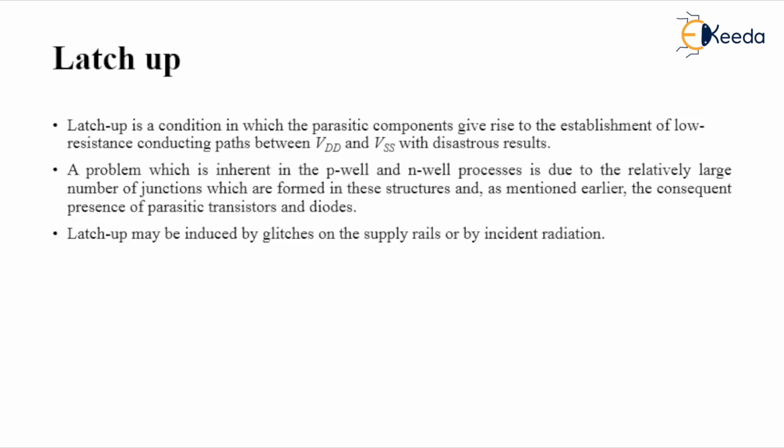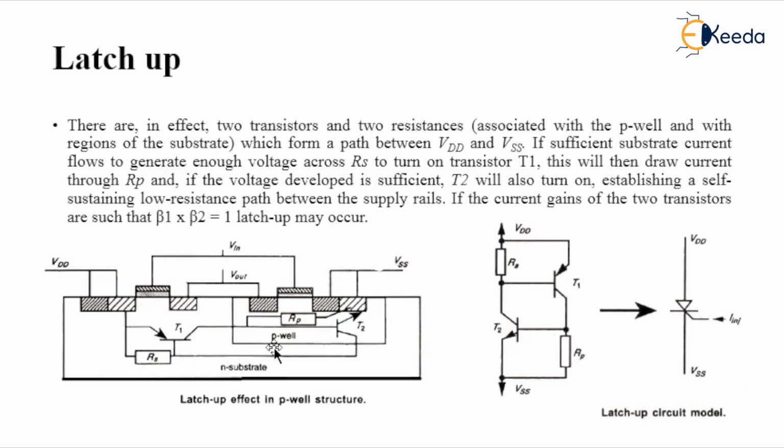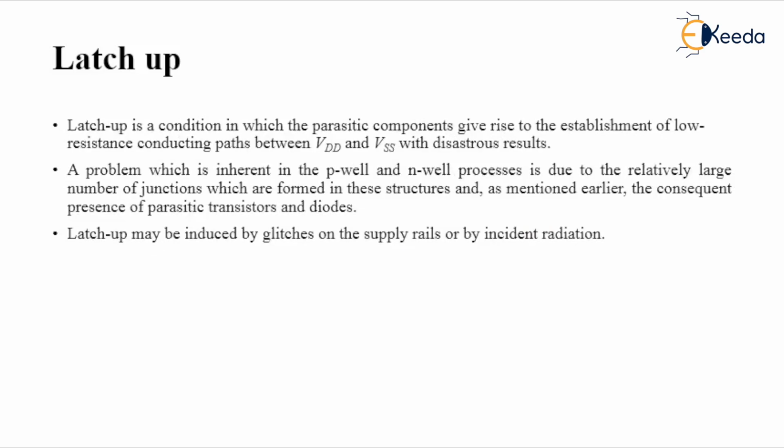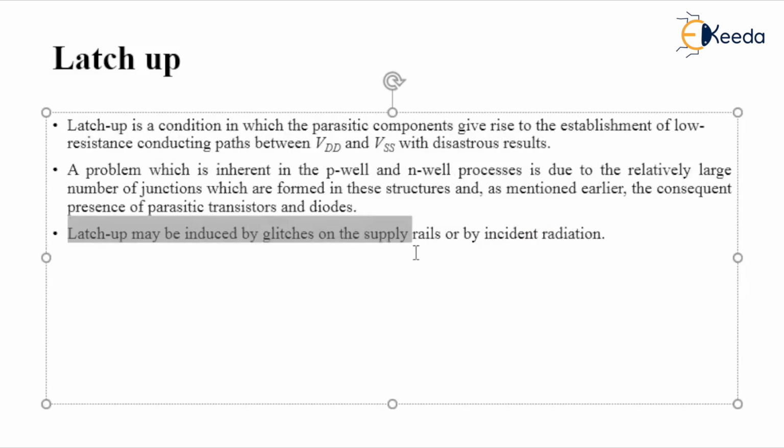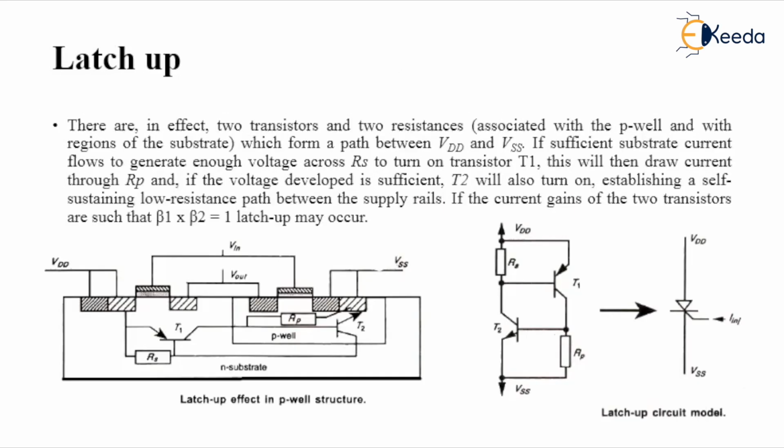The problem inherent in the P well and N well is due to the relatively large number of junctions formed in these structures, and the consequent presence of parasitic transistors and diodes. Latch up may be induced by glitches in the supply rails or by an incident radiation effect.